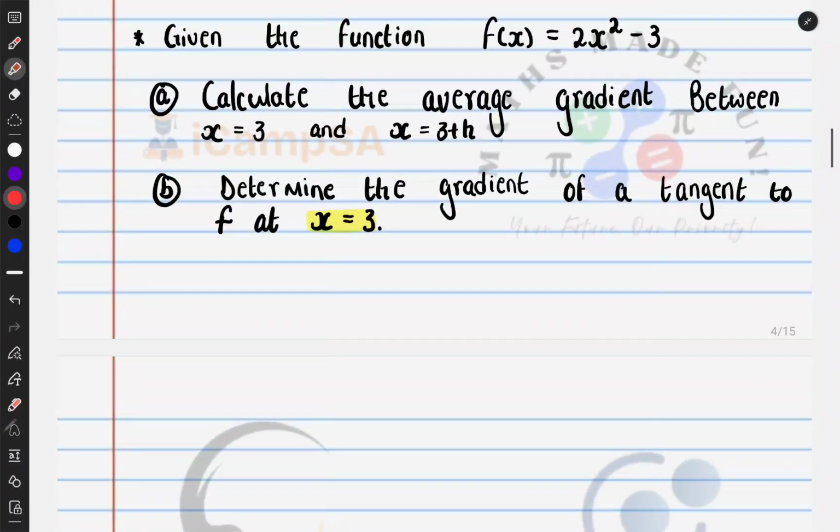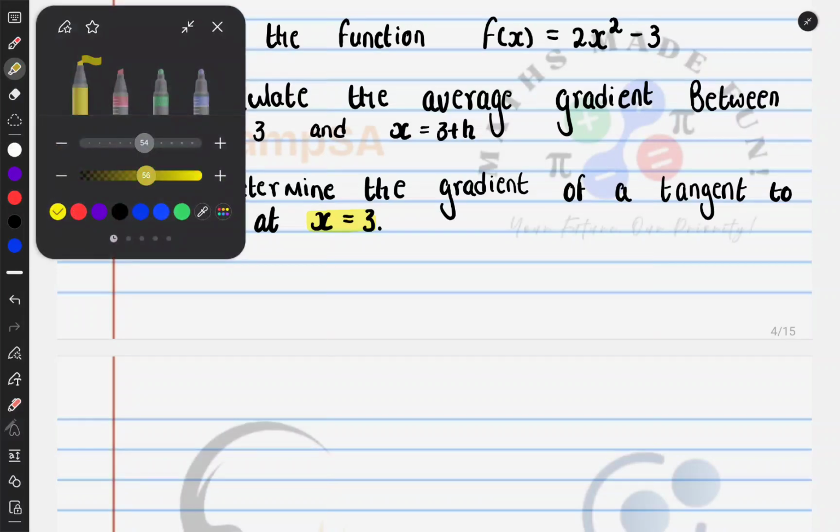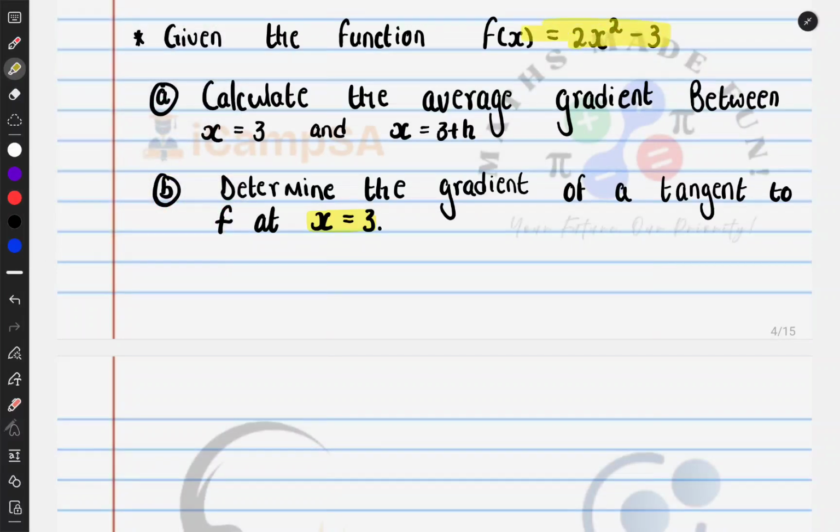So we are given that function, which is f of x is equal to 2x squared minus 3. First things first, when we are calculating the gradient, we need to find the corresponding y values. We already have the x values, which is x is equal to 3 and x is equal to 3 plus h.